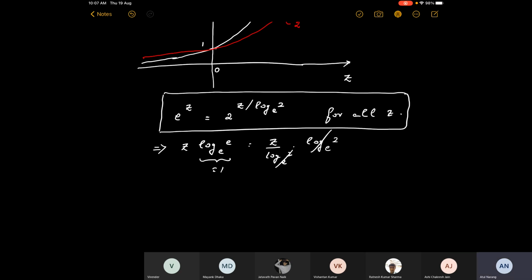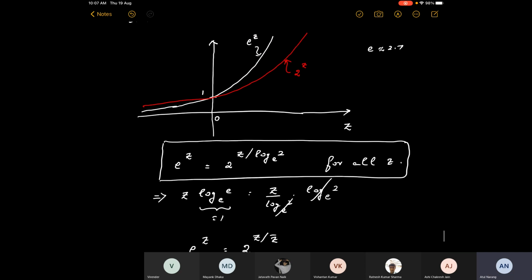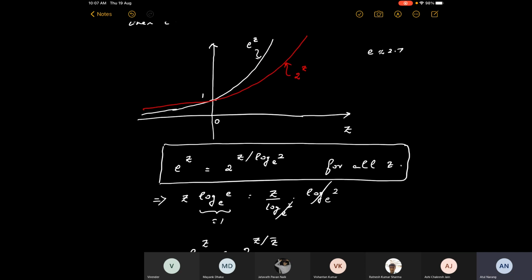Another way to see it is I've basically written down that e to the power z is equal to 2 to the power some z divided by some constant z bar. That means if you rescale the z axis, the 2 to the power z can essentially be mapped into e to the power z. That part clear?